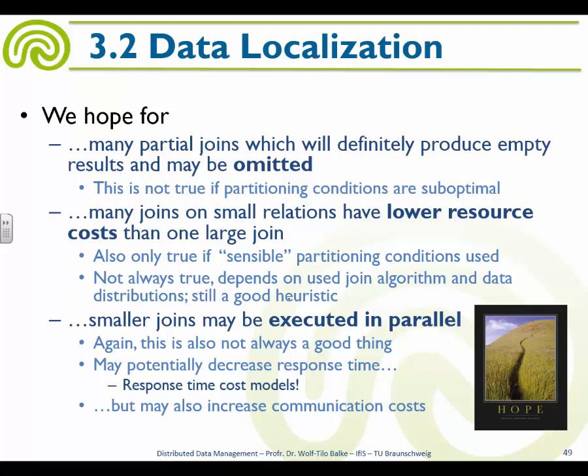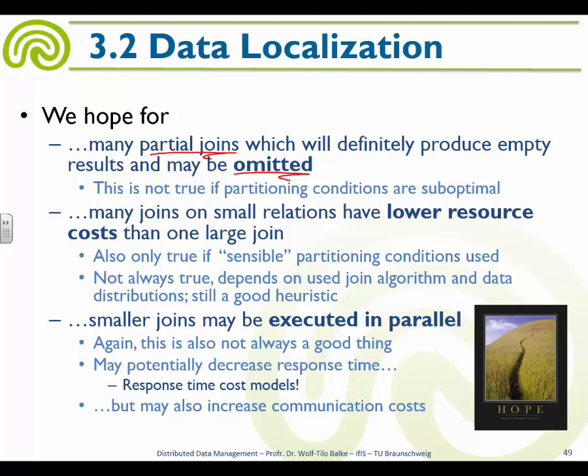Well, the hope that you have for the data location is, of course, that many partial joins can be omitted, right? So I don't have to do them. Joins are always expensive, because usually if they are done in a distributed manner, if the data resides in both tables, right?